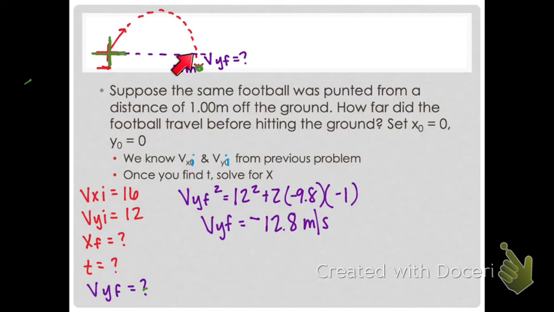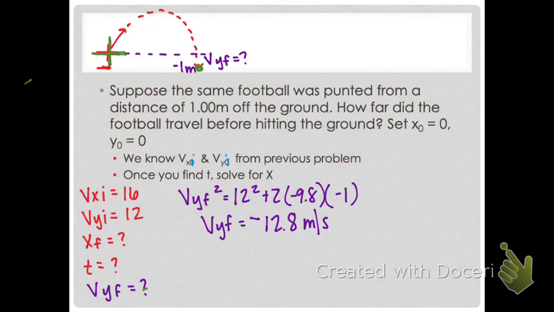It goes up at 12, it comes down at -12. So does it make sense that it's moving a little faster by the time it goes that extra meter? Yeah, it's falling a little bit more. Gravity's acting on it just a little bit more, so it's a little bit faster by the time it reaches the ground, because it's got to travel 1 extra meter.